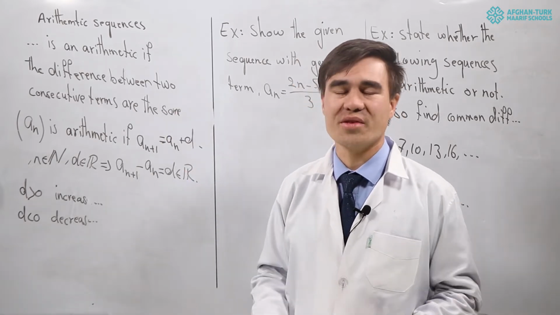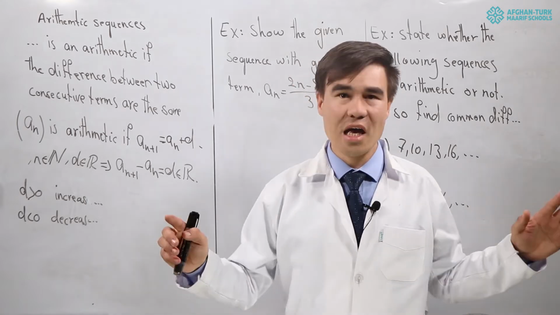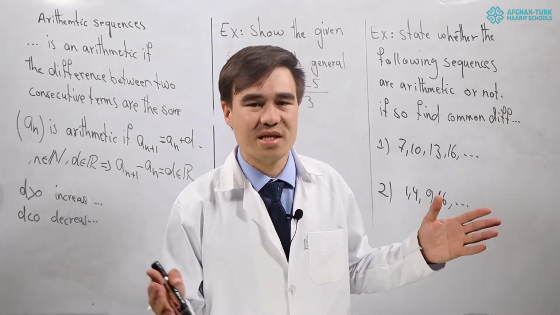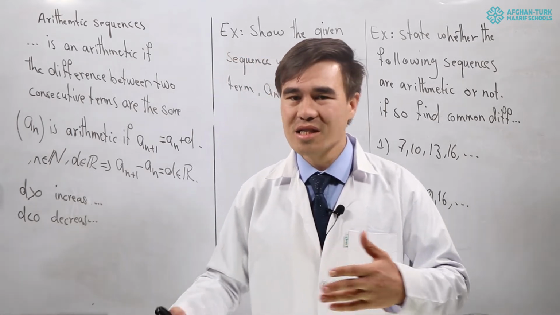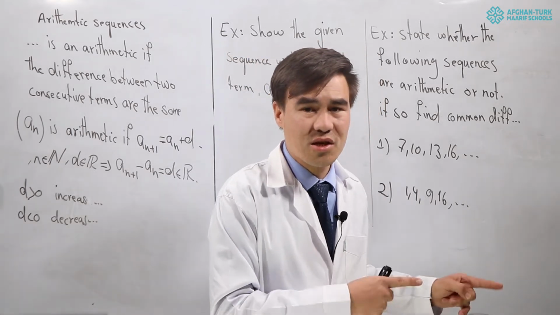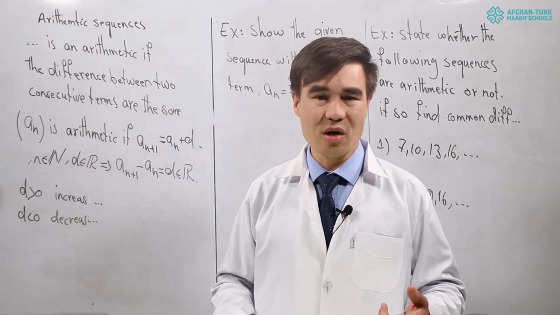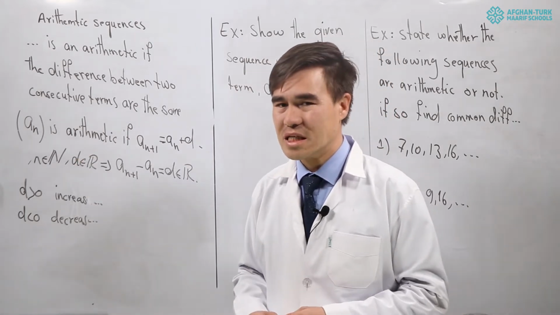You studied this in geometry also. For example, if I have the sequence 1, 2, 3, 4, 5, 6, 7, the differences between consecutive terms are equal to each other, and that difference must be a number.